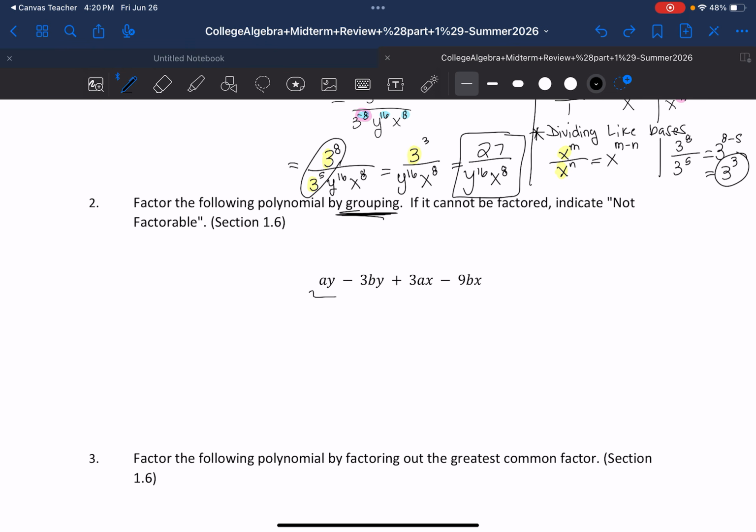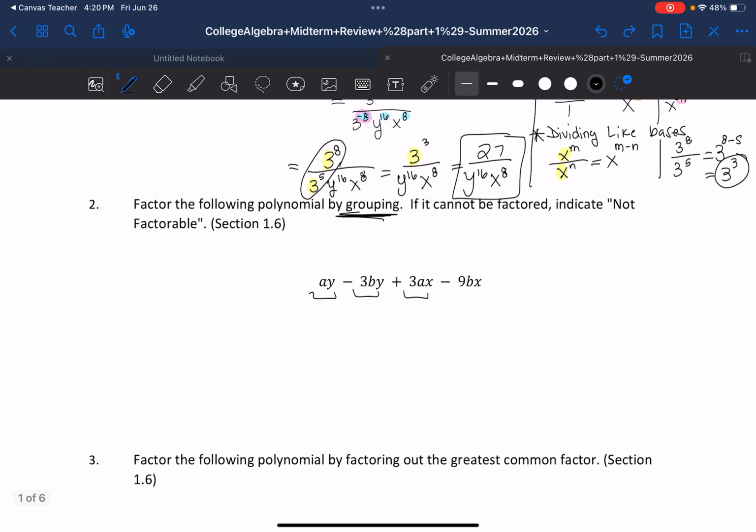So there's 4 terms here, and anytime there's 4 terms, you always want to try to factor by grouping first, because that's the main method that's used for a 4-term expression. Now you could also always try and see if there's a common factor in all 4 terms, but there's not. There's nothing I can factor out of all 4 of those terms. So I'm going to continue with factoring by grouping.